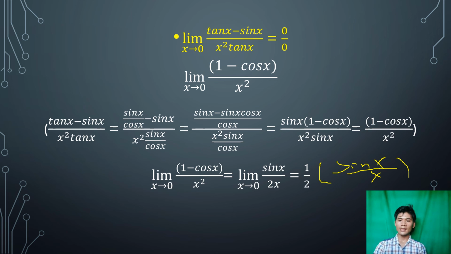And we all know that in the second example I have given, sine x over x is a common limit, and it is understood that it is equal to 1. So therefore, 1 half multiplied by 1 is equal to 1 half.